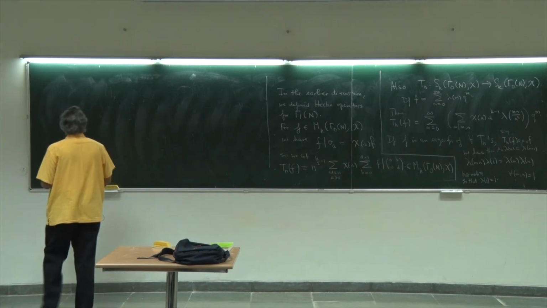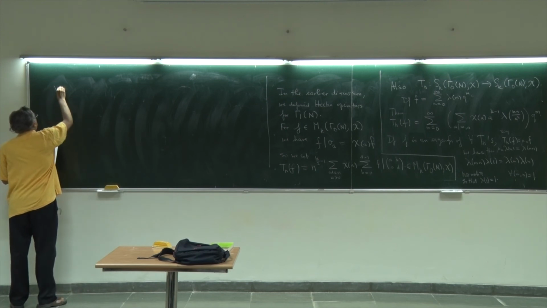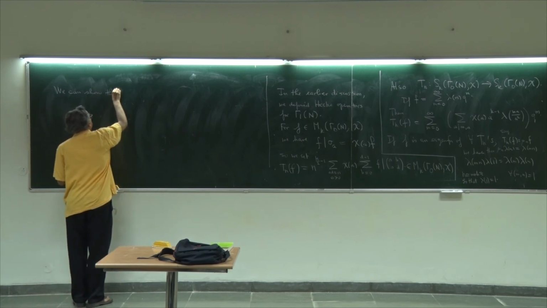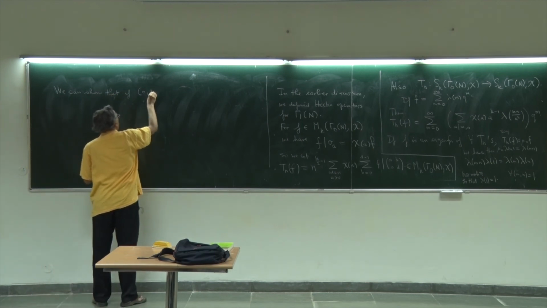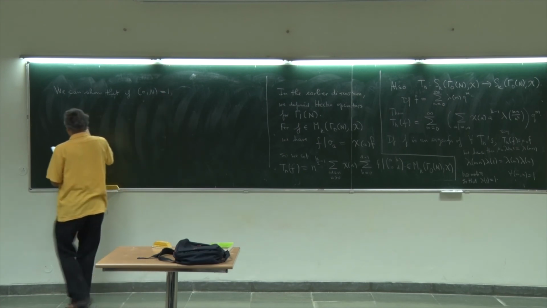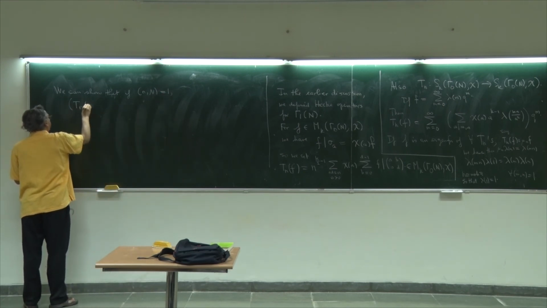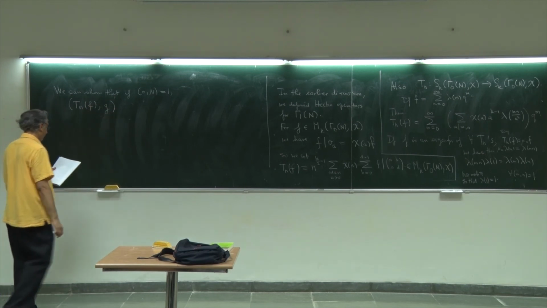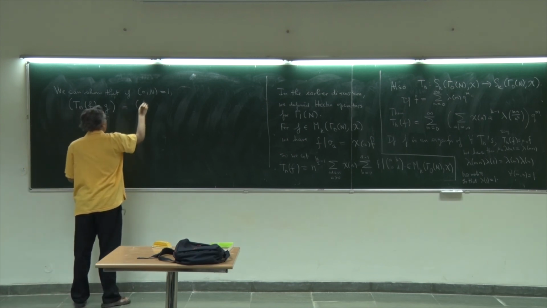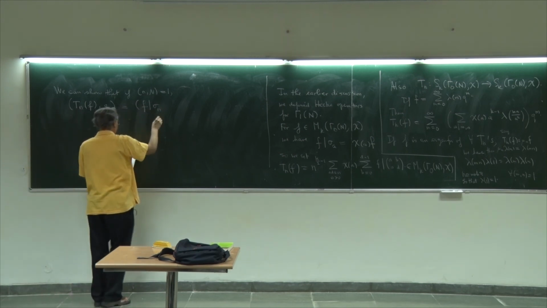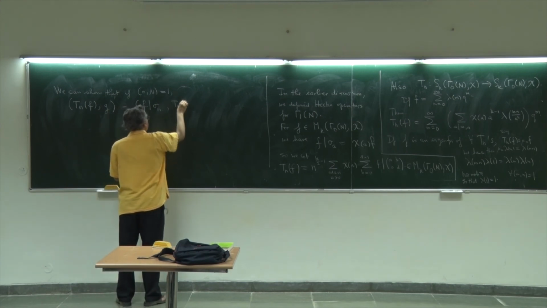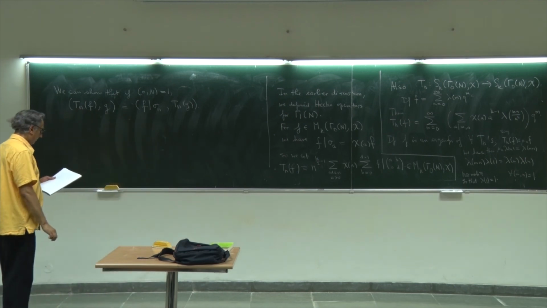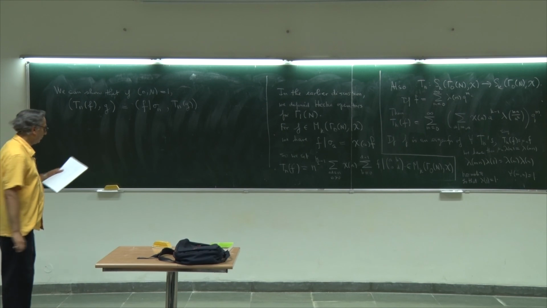So indeed, we can show that if n and capital N are relatively prime, the Petersson inner product of Tn of f and g turns out to be equal to f slash zigbus of n, comma Tn of g. So it's not quite as neat as possible.